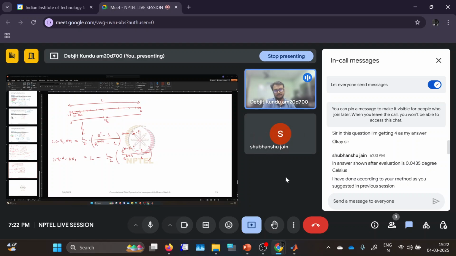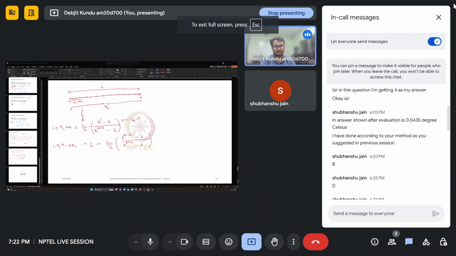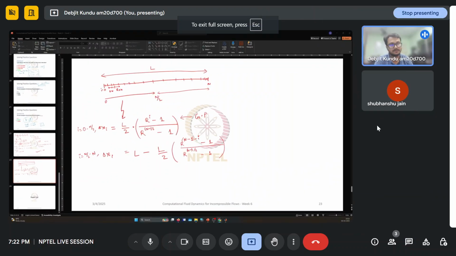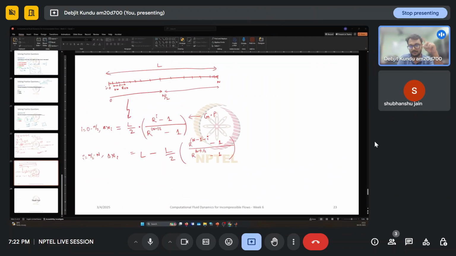In order to resolve those gradients, we need finer mesh points where there are lots of gradients. So near the walls we need fine points, and away from the walls we need large grid spacings. To do that mathematically, we have to do it this way.